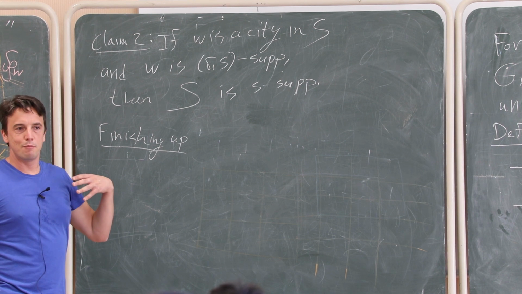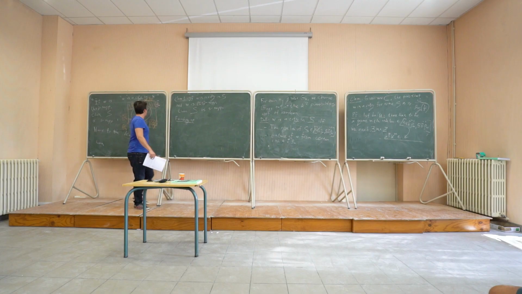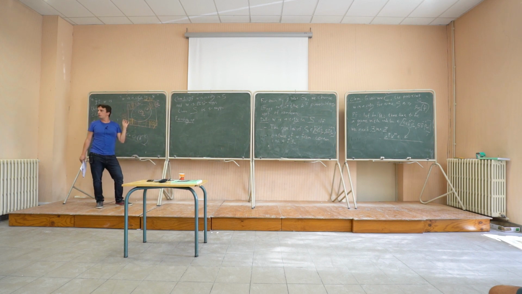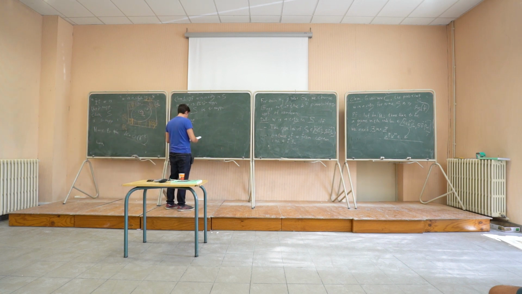If we have many delta S supported points, the probability that each of them is captured inside a square is at least 1 over log, right? So the expected number of points that are delta S supported and are cities is going to be the number of delta S supported points times constant over log. And this number cannot be too large.